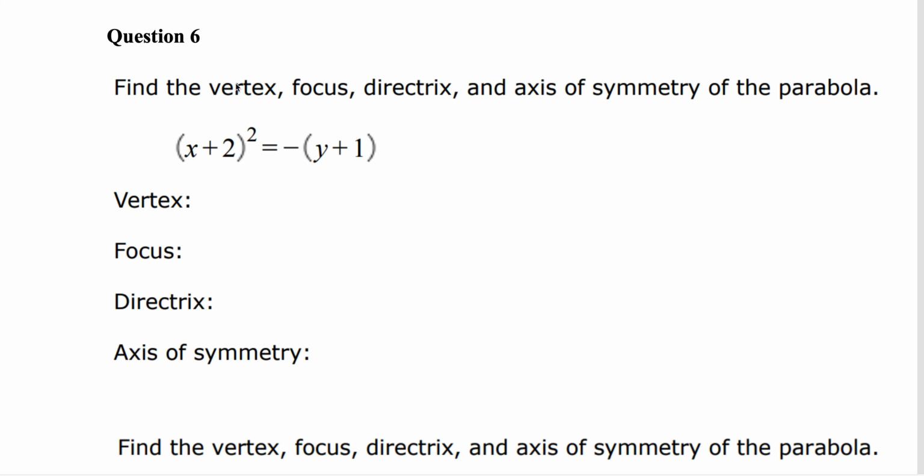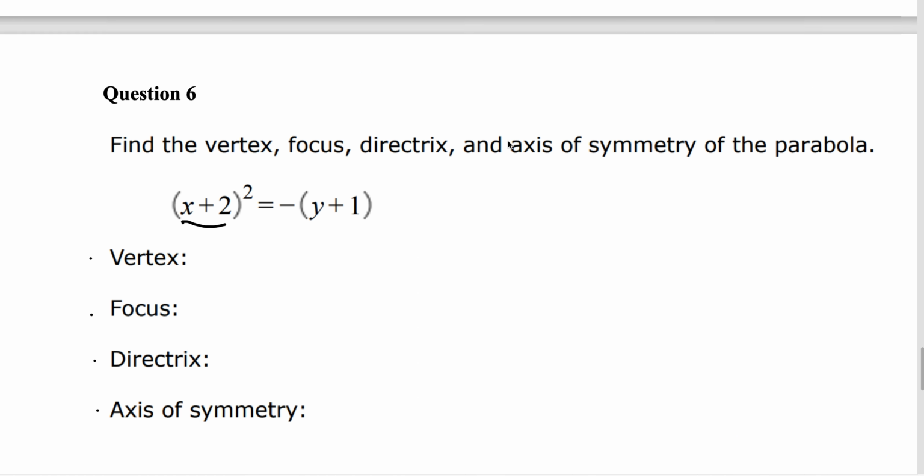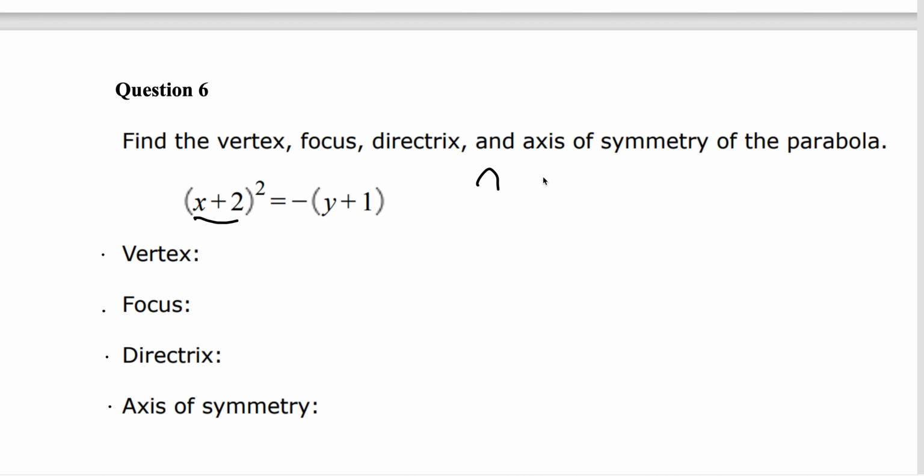So you had a little bit of questions: to identify all of these values given a parabola equation. So the first thing we have to figure out is what equation am I given? One that represents this type of parabola, or this one, this one, or this one, right?